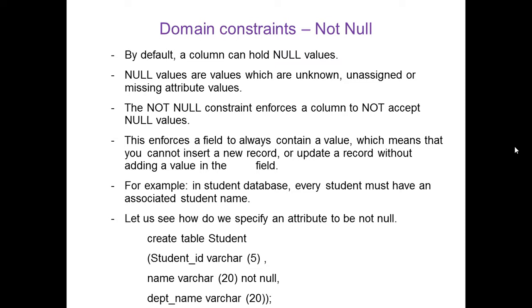Means whenever the record is inserted, the name column cannot be blank. There should be some value. And the third column is department name, data type is varchar, size is 20. Means after creation of this table, the name cannot accept null values.